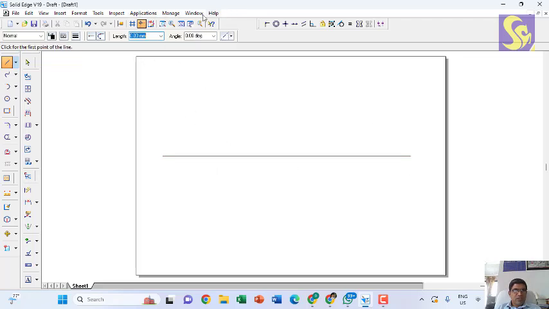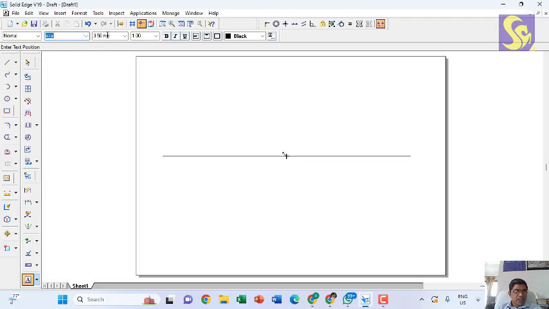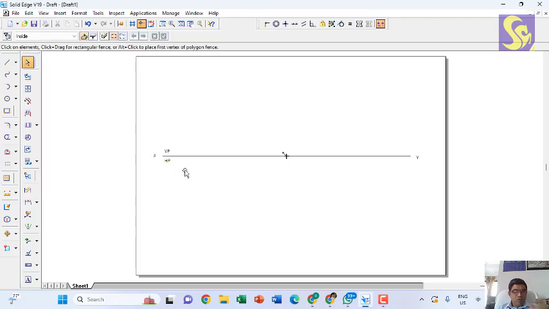Once the XY line is drawn, I'll lock the line so that it will not move, and I'll use text Arial of 3 mm height, so that we'll have XY, VP and HP. Once it is done, I locate the midpoint now using a construction line.